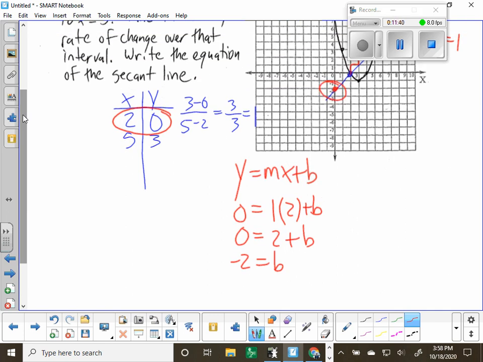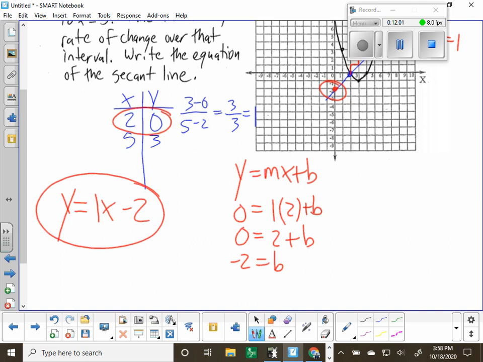That's where it crosses. So the equation of the secant line is y is equal to slope of 1, you can write 1 or not write 1, x, and then -2.